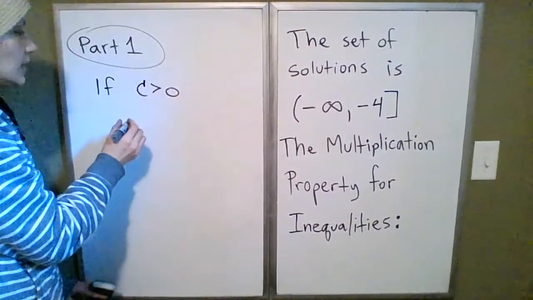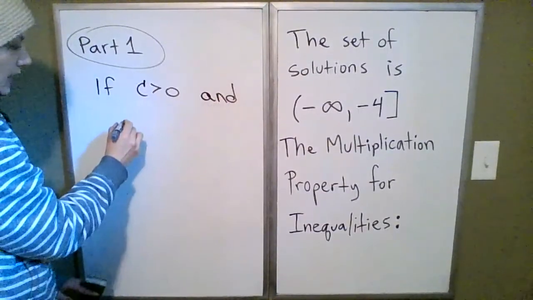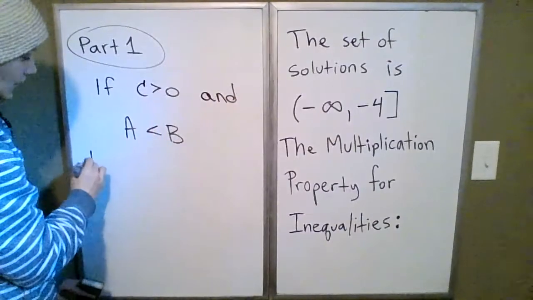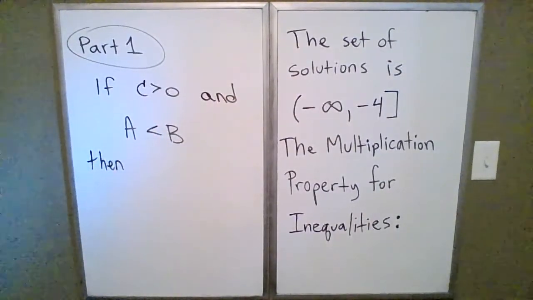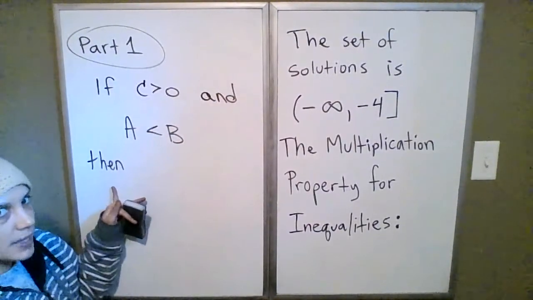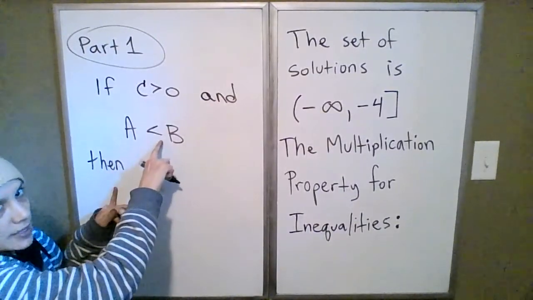Then A is less than B, you can multiply both sides by that positive number and keep the sign just the same.